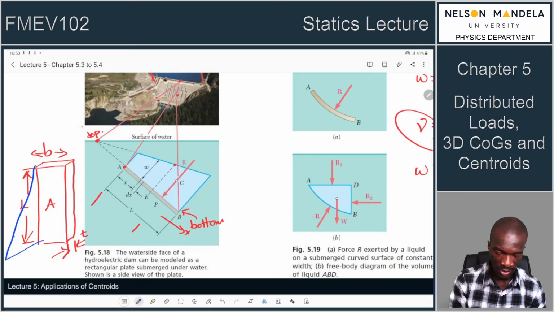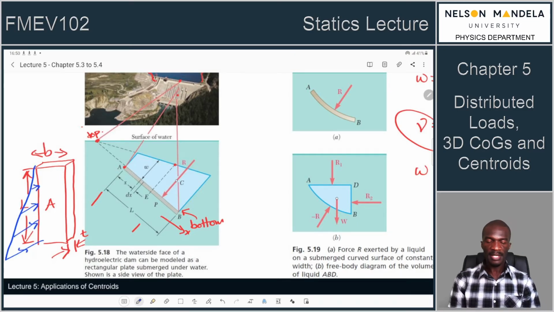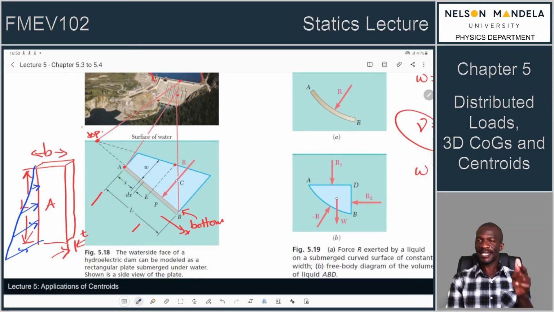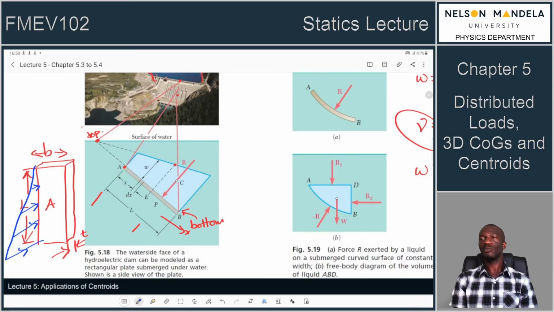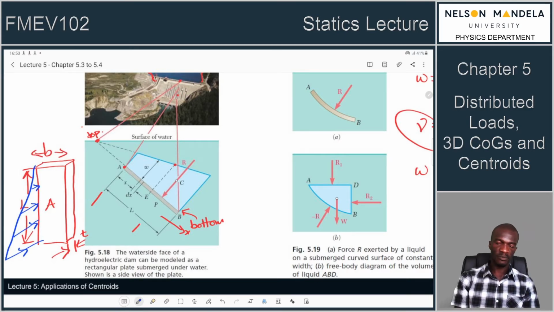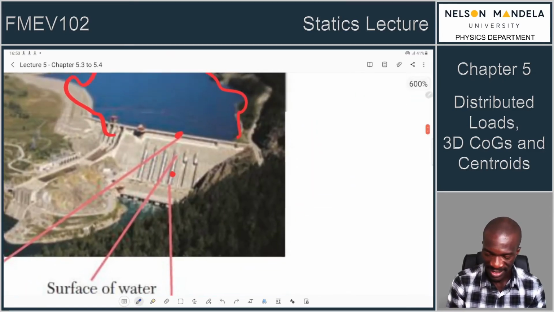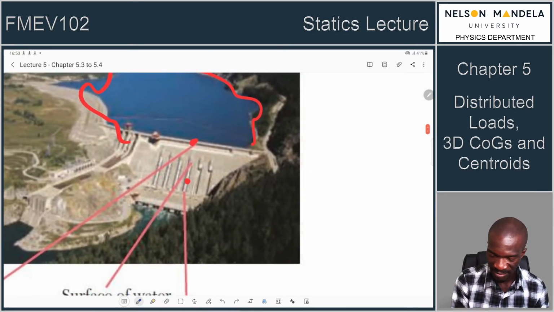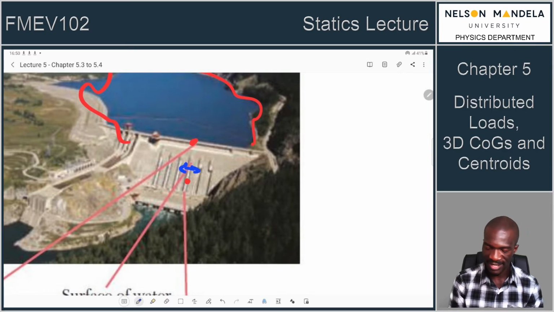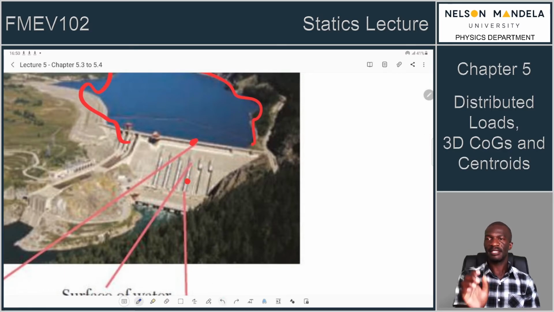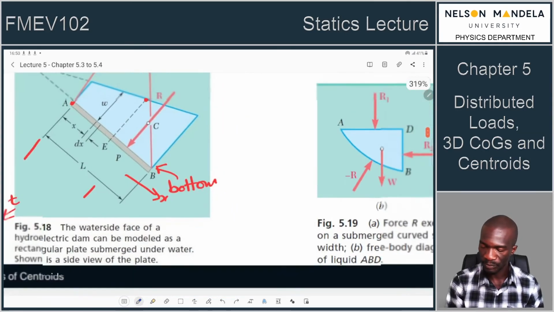The dam wall has a depth L. It has a cross section A made up of the length multiplied by the breadth, which in this diagram we would see as just this B, in this direction. That would be a piece of the dam wall.